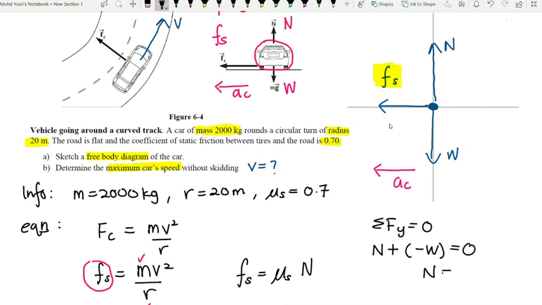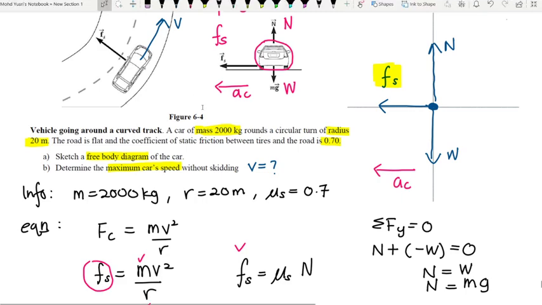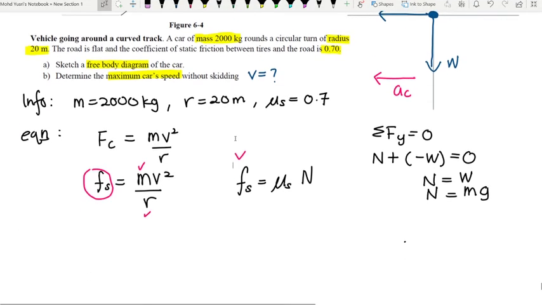Therefore, the normal force is equals to the weight of the car, which is equals to mass times the gravitational acceleration. So di sini kita boleh cari value static frictional force. So apa kata kita just substitute sahaja equation static frictional force dalam equation mv square over r.